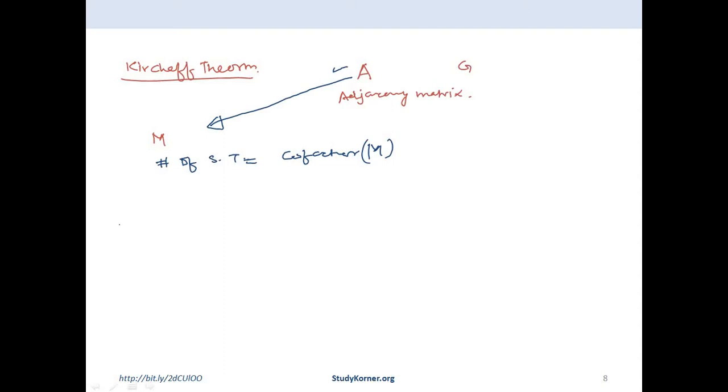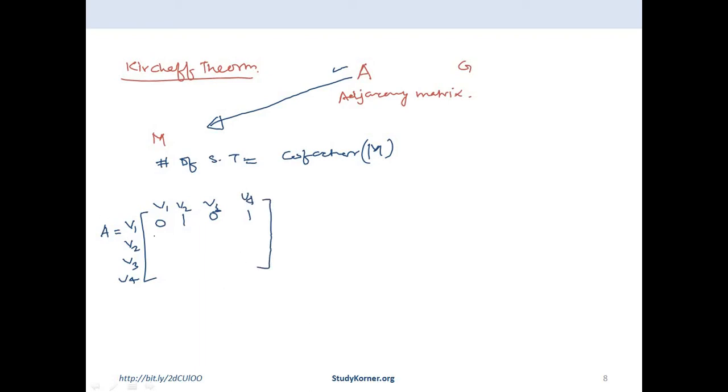Suppose the adjacency matrix which is given to you is for a graph with 4 vertices, V1, V2, V3 and V4. For the first row, the value of V1 to V1 is 0, V1 to V2 is 1, V1 to V3 is 0, and V1 to V4 is 1. I also denote here V1, V2, V3 and V4.